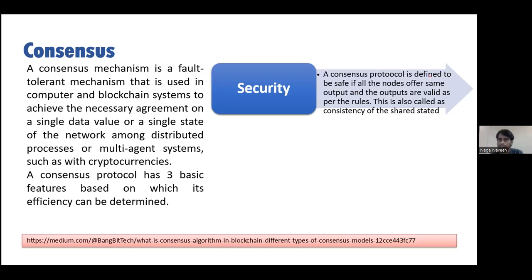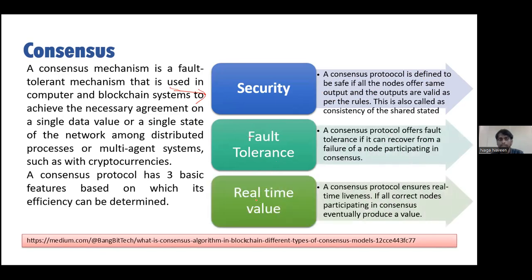A consensus protocol is defined to be safe if all the nodes offer the same output and the outputs are valid as per the rules. Let us not go too deep into these things. For now, let me give an outline: consensus mechanisms need to have some characteristics, namely security, fault tolerance, and real-time value. So a consensus protocol has three basic features based on which its efficiency is determined.